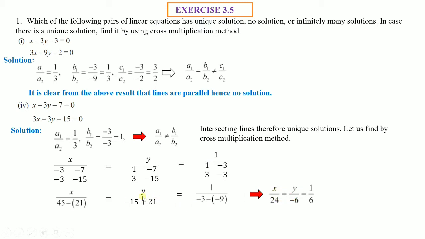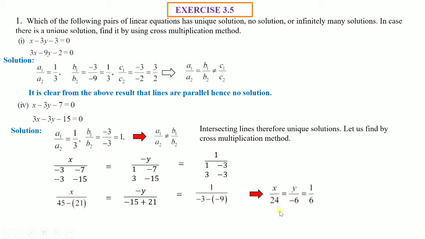So actually this plus y upon this minus 15 plus 21 is plus 6, so that minus we have taken to the bottom, equals to 1 upon minus 3 plus 9, which is equal to 6.